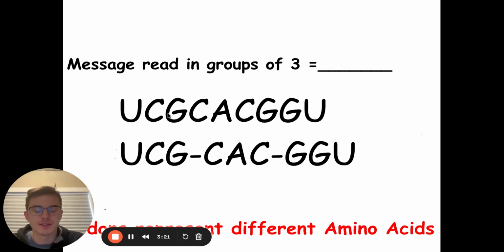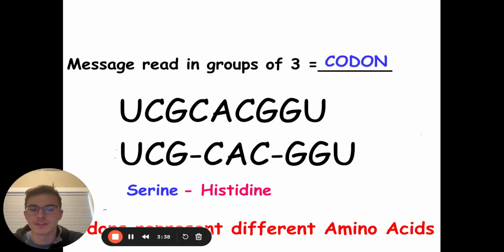Then what we can do is take this long code and break it into groups of 3. So this long string becomes 3 separate codes. We can take that code and turn it into these little amino acids here.